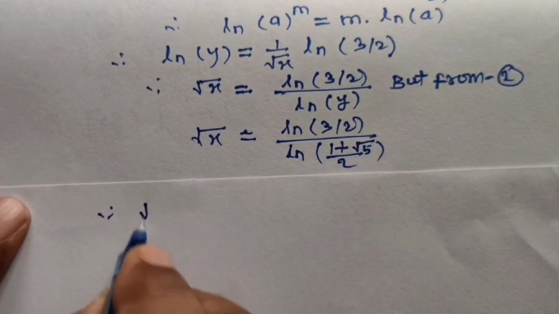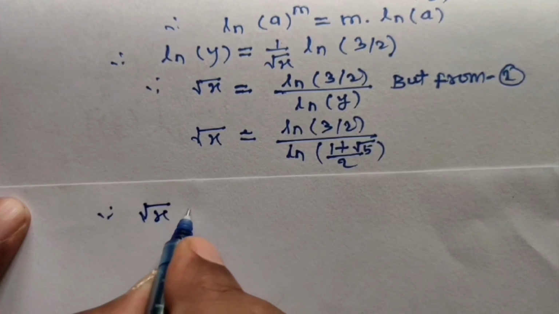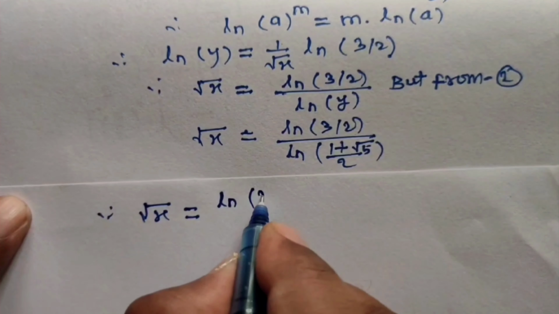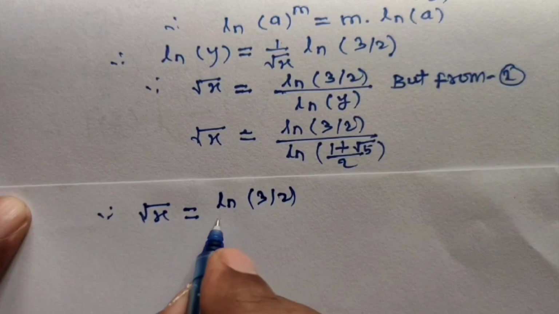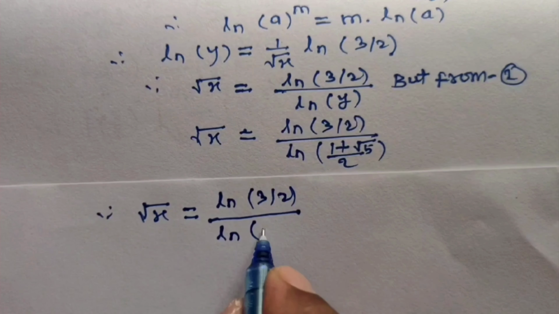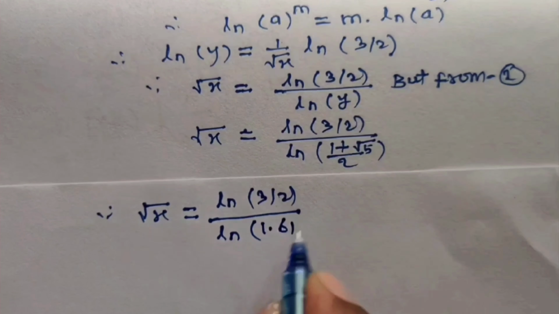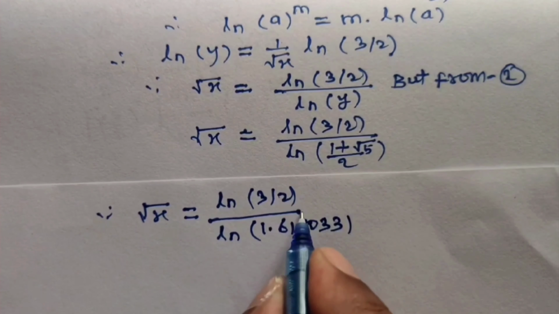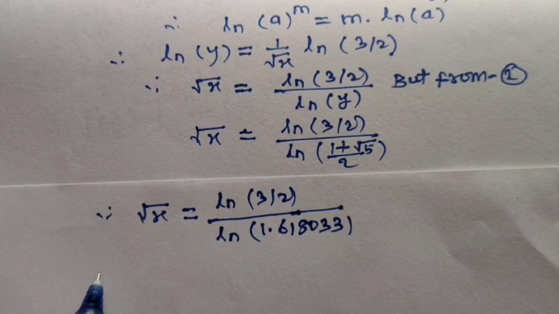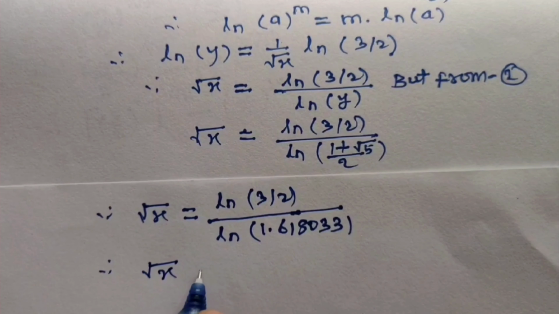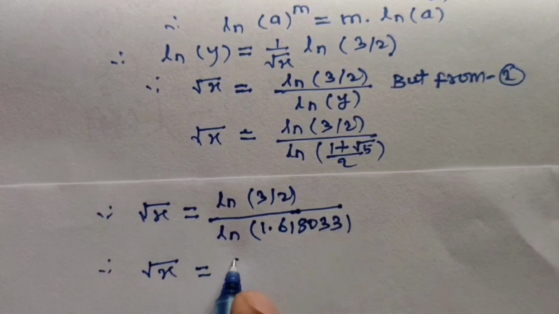Hence square root of x can be written as ln of 3/2 divided by ln of 1.618033, which is the value of y. That is nothing but the value of (1 + root 5)/2.